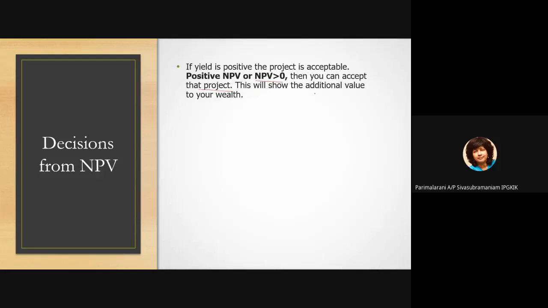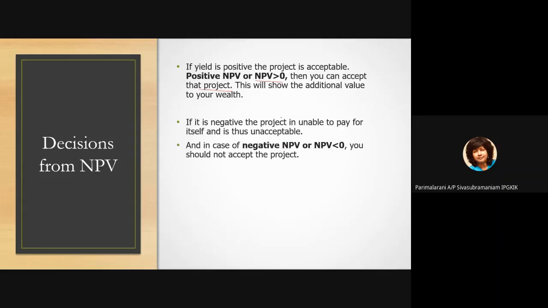This will show the additional value to your wealth. If it is negative, it means that the project is unable to pay for itself and is thus unacceptable. That means if NPV is less than zero, anything less than zero is negative. So if it's negative, then you must not accept the project. It will bring you losses.